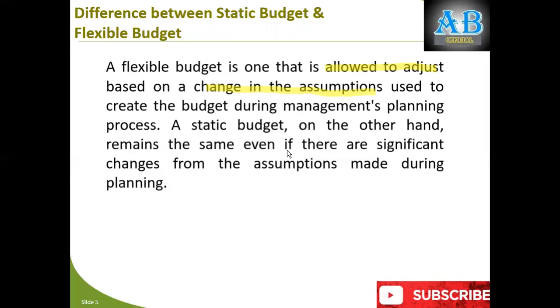The assumptions which you made at the time when you prepared the budget, you are not supposed to make any change in your static budget. So the principal difference is that static budget is not going to be changed, but the flexible budget can be changed according to different activity levels.